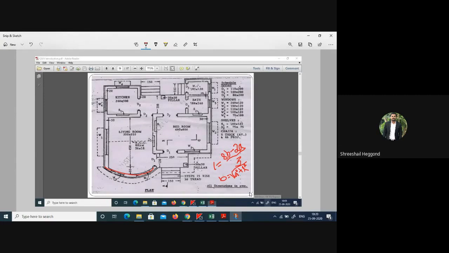First we'll find out what is L. Small l can be calculated as R plus W divided by 2.